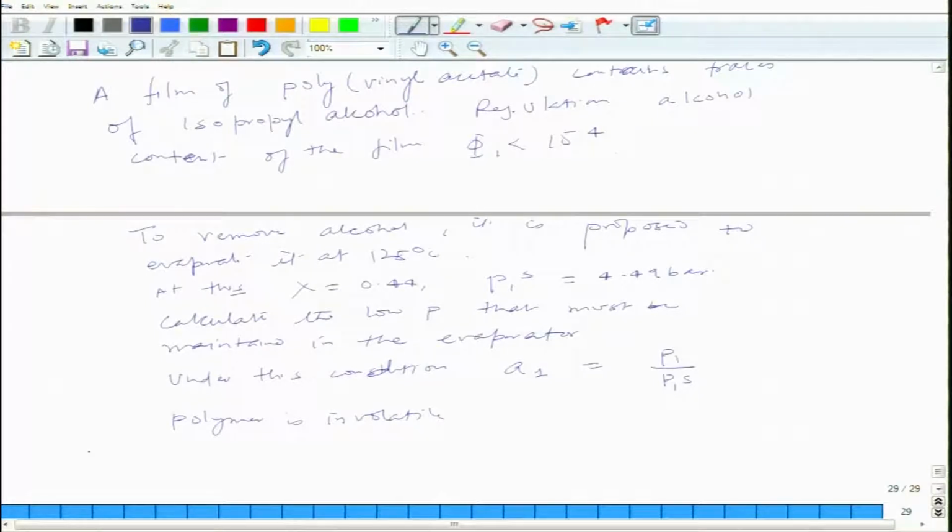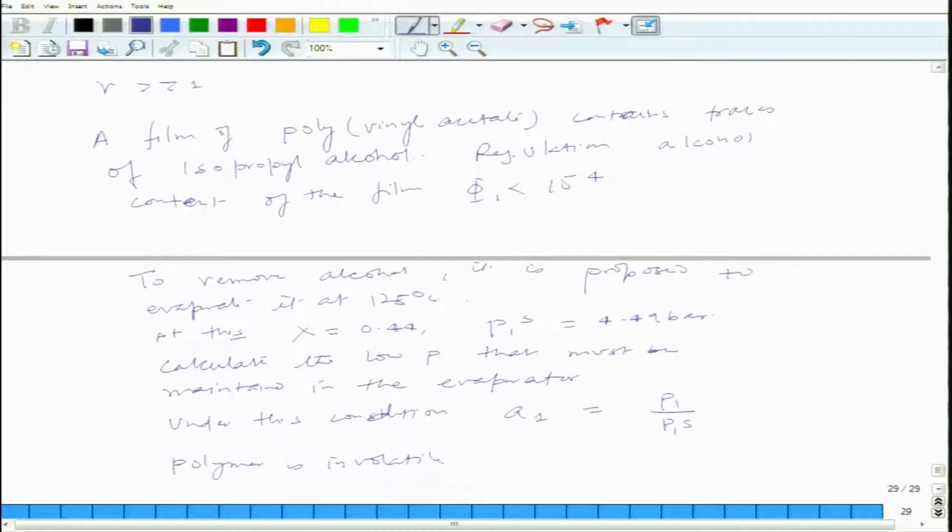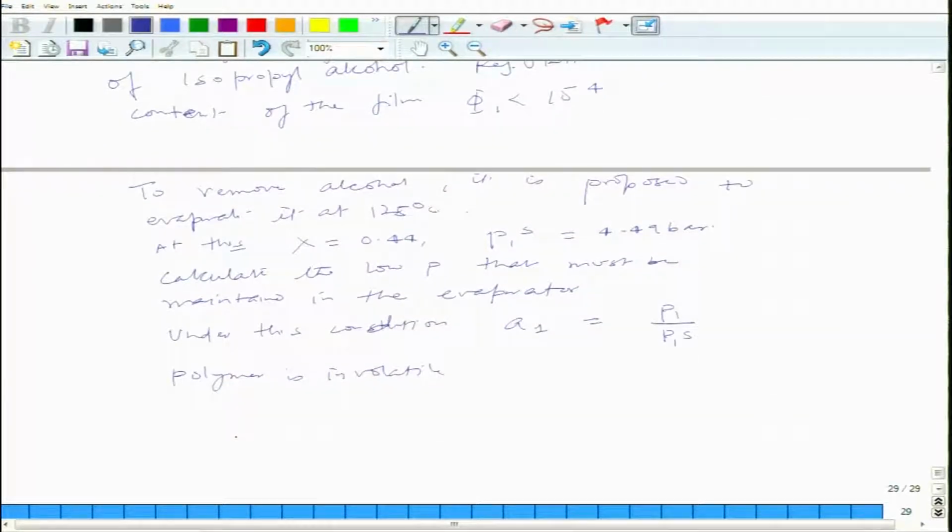So this is a very long description of the problem, but it is very straightforward. The content of the alcohol should be less than 10 to the minus 4, the chi value is given, the saturation pressure is given, the activity is given in this ratio, and the polymer is involatile. So, how are we going to solve that?